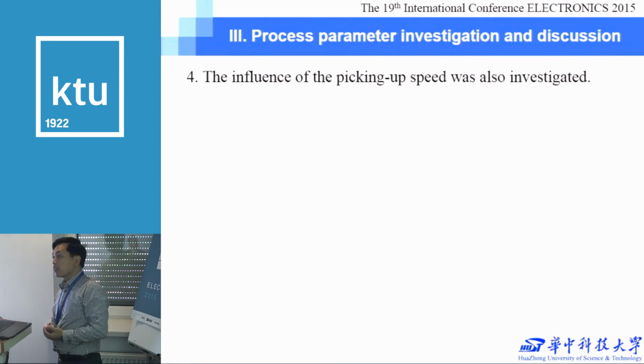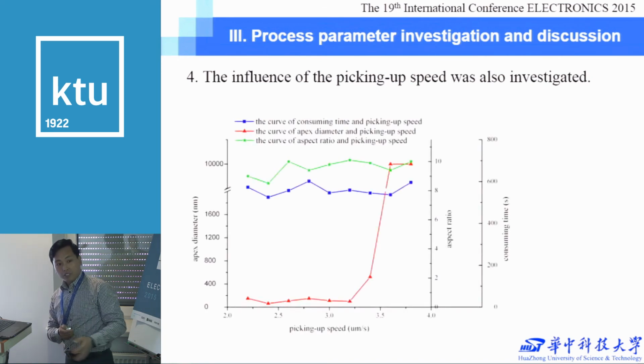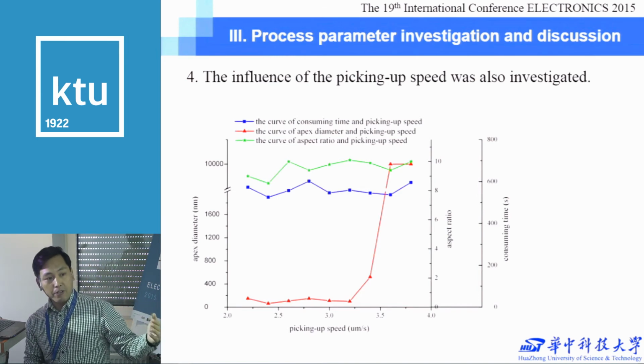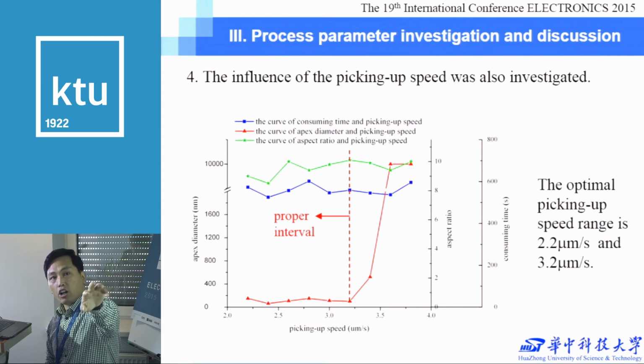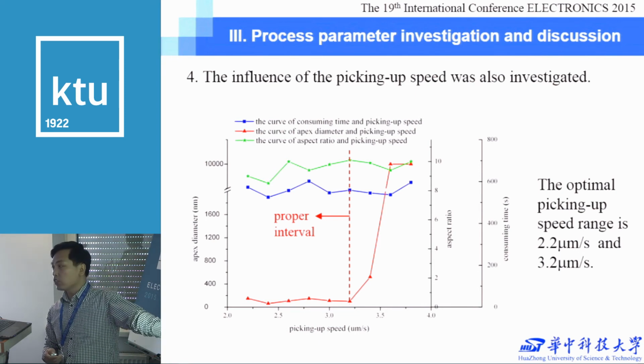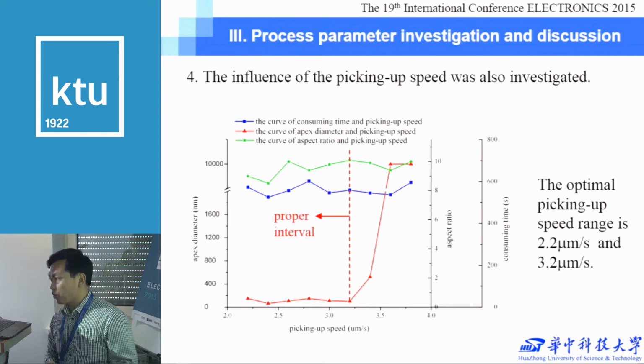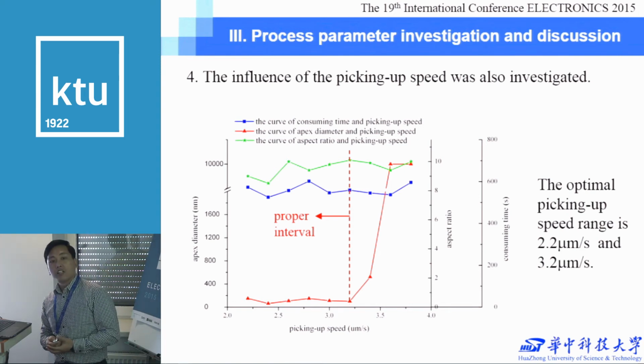We have seen three parameters, and the last one is the picking up speed. We also did some experiments, and we got the conclusion that the optimum picking up speed range is about 2.2 micrometers per second to 3.2 micrometers per second.